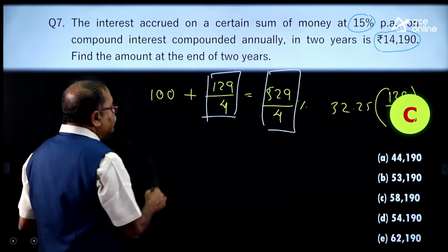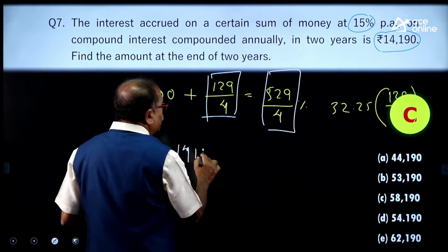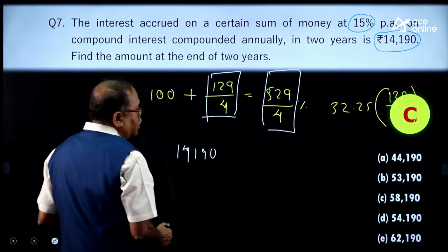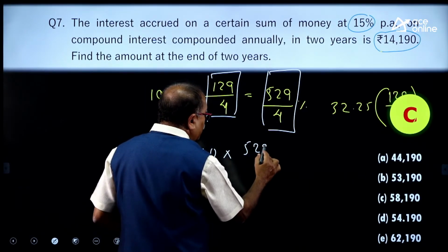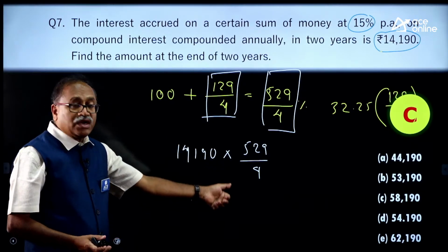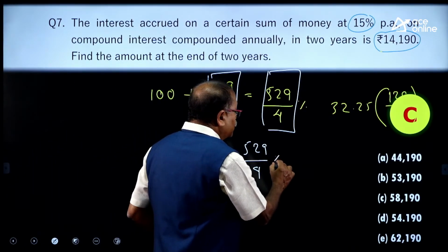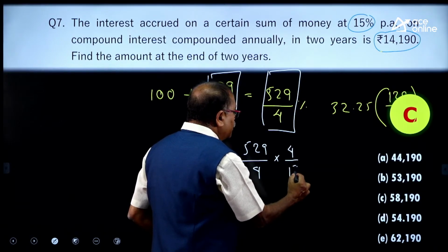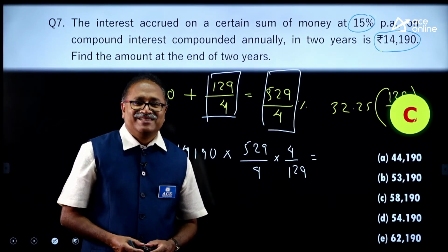So, the calculation goes this way, that is 14,190 into my requirement is 52/9 by 4, whereas the given one is 12/9 by 4. So, if I write down 12/9 by 4, in return it comes 4 by 12/9, and that should be your answer.